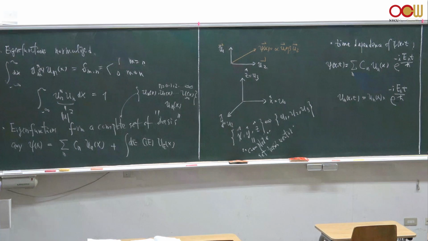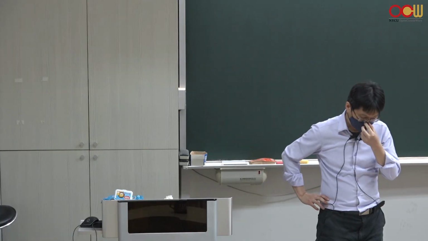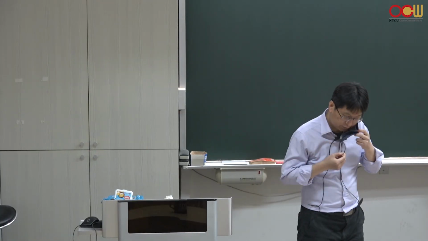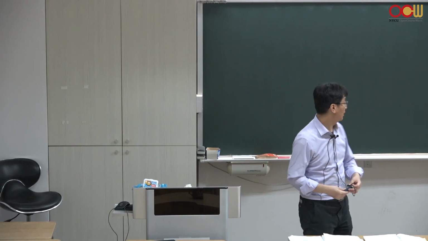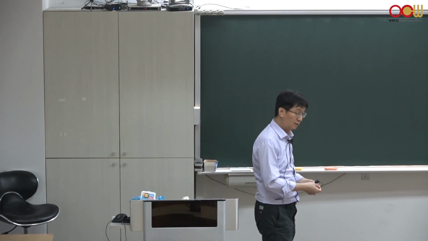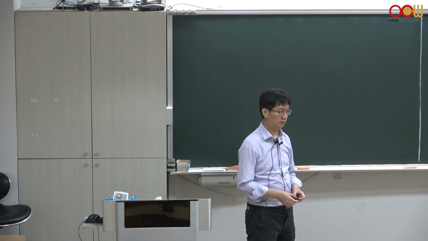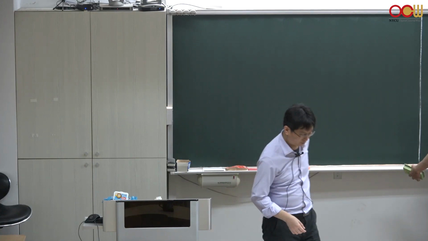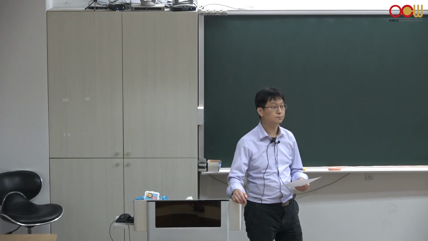So from now on, the discussions will be based on linear algebra and the so-called Hilbert space, which is a vector space, but an infinite dimensional vector space. As I mentioned, we have an analogy between the vectors and the quantum states, right? So now we will formally introduce this analogy between the vector spaces and operators.